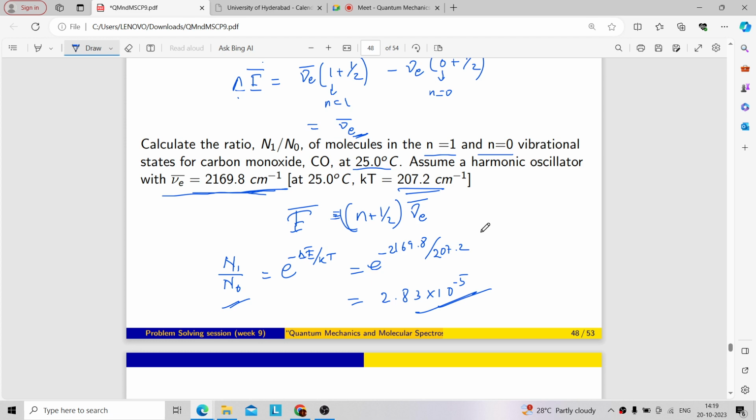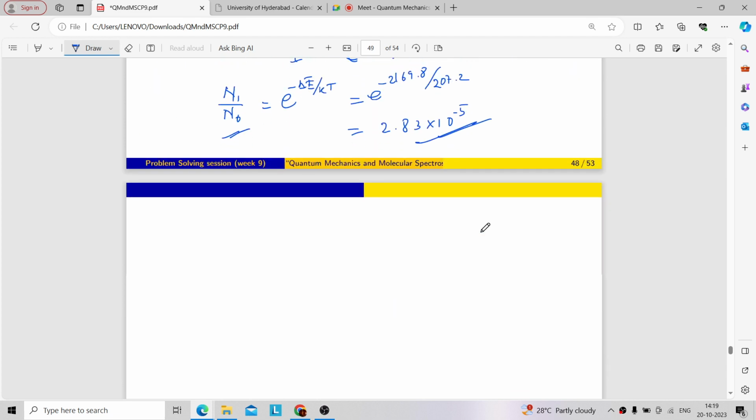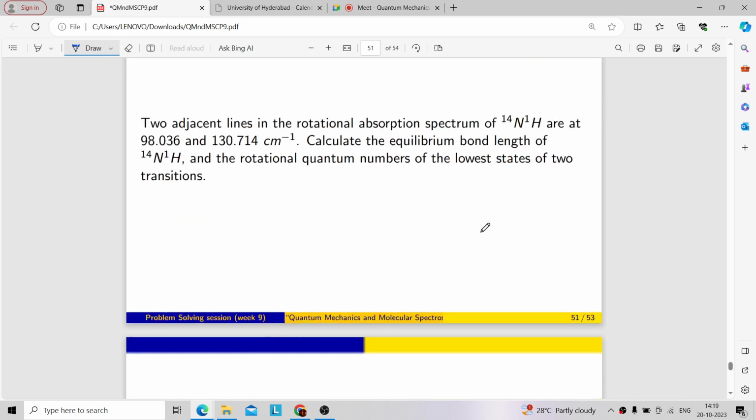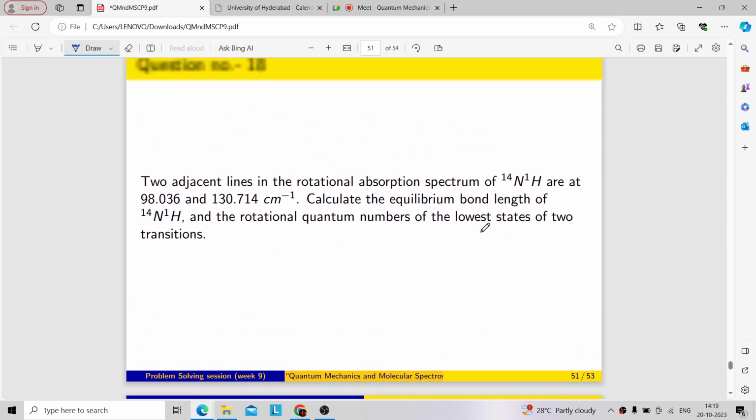Okay, then moving on to the next question. Two adjacent lines in the rotational absorption spectrum of this NH molecule are at 98 and 130 centimeter inverse.